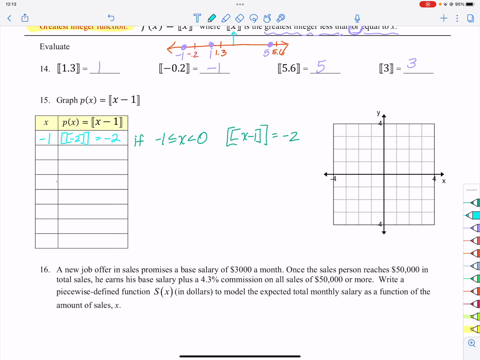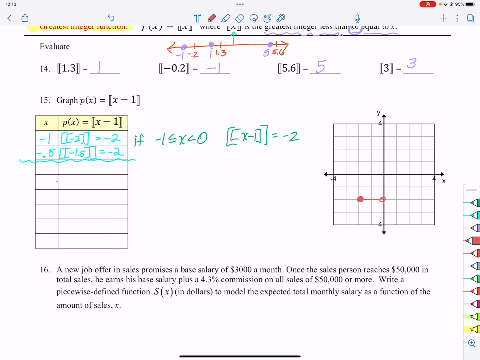But if we had negative 0.5, and I'll just draw a little line here for this first interval, we'd have the greatest integer of negative 1.5, and again, it's equal to negative 2. So, at negative 2, when our x values are between negative 1 and 0, it will look like this.